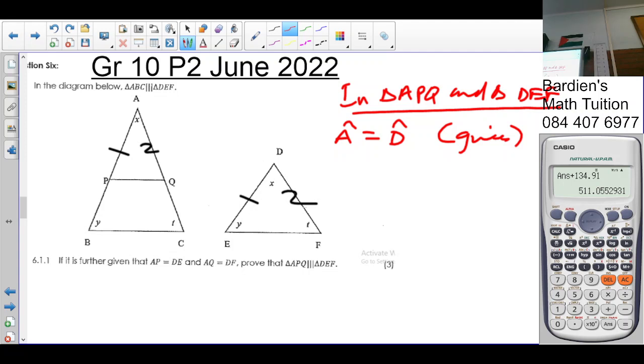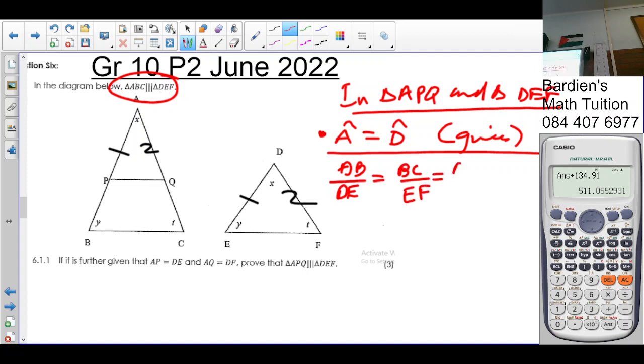I can prove congruency here. They're using corresponding sides. Okay? So let's just hang on with this. AB over DE is equal to BC over EF, which is AC over DF. Why? Because the sides are in proportion.